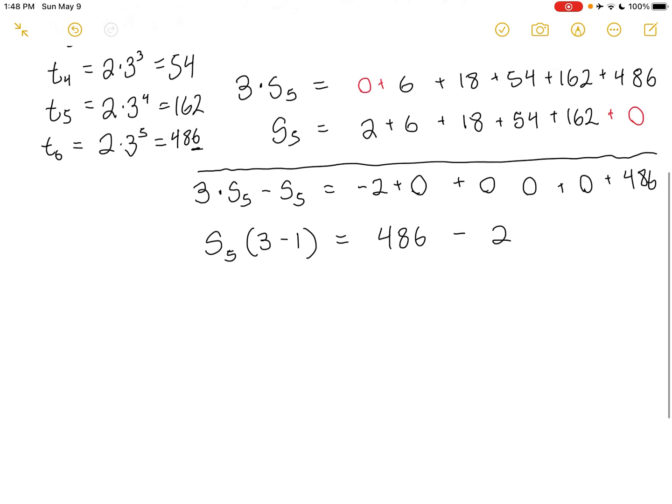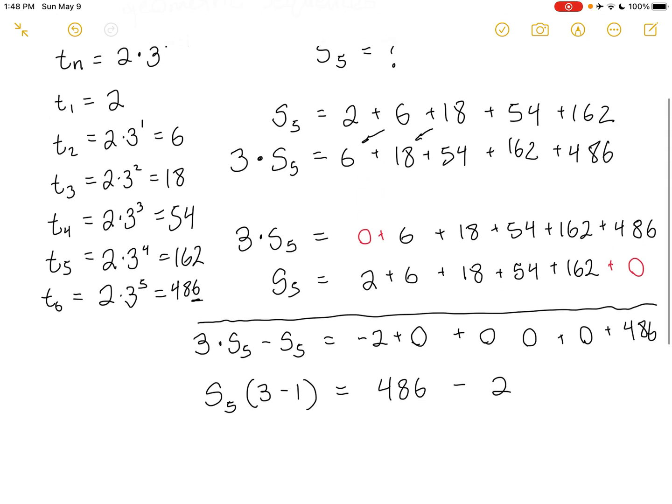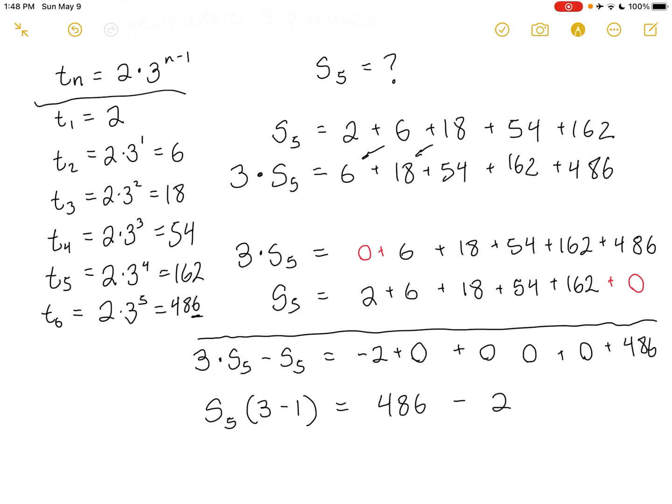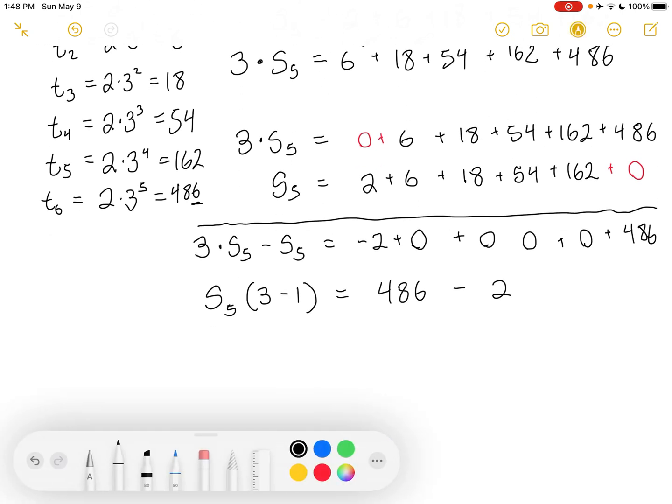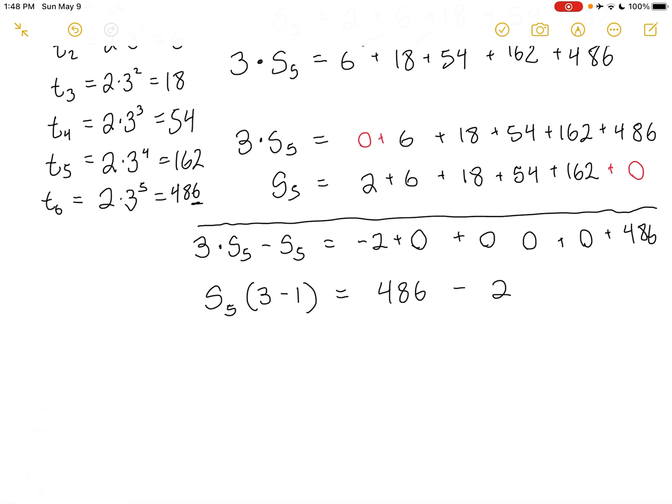Okay, now if we go back to our original Tn, this is T1. Oh, sorry, no, this is not T1. What am I saying?